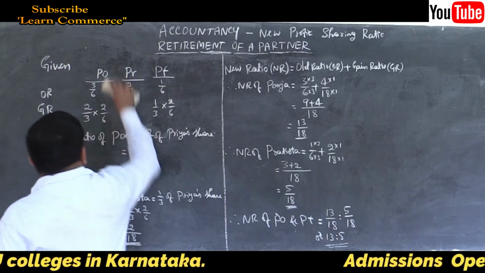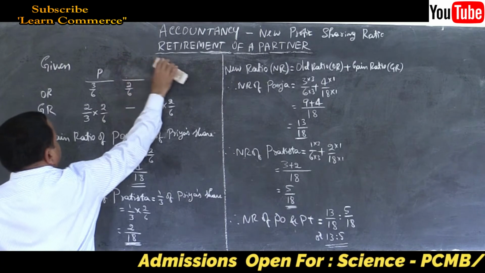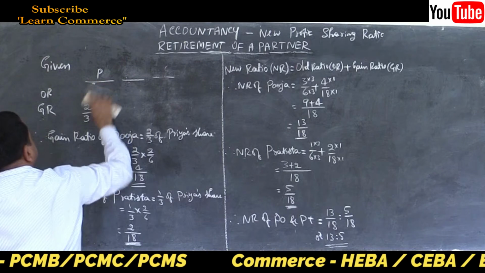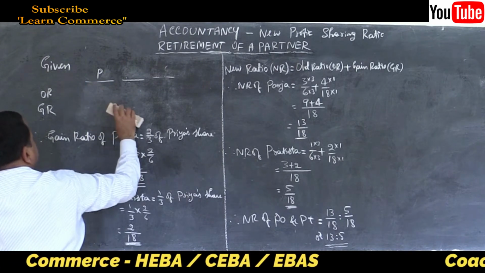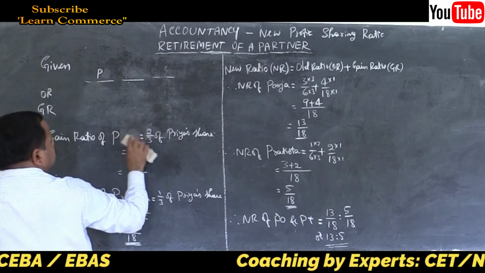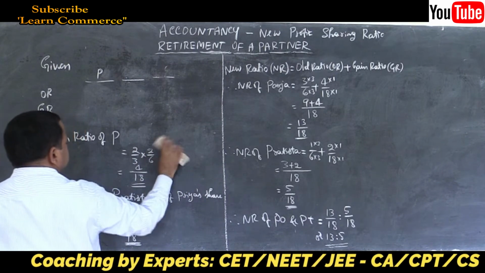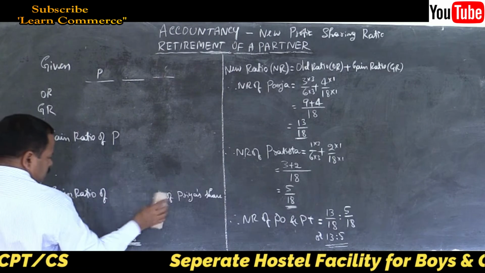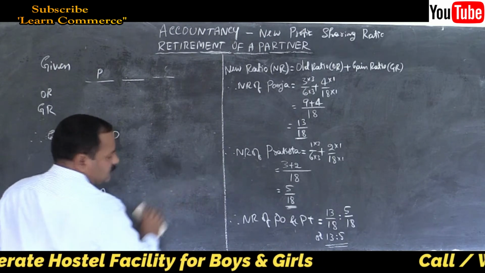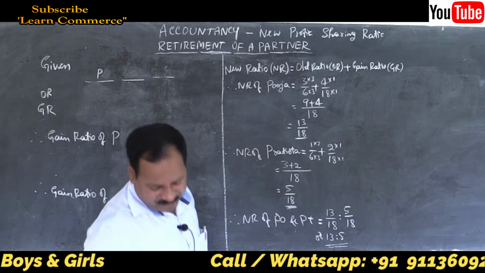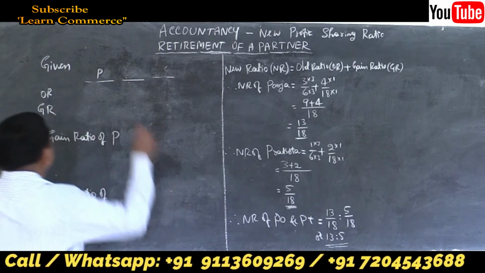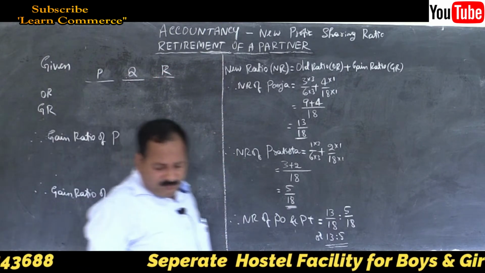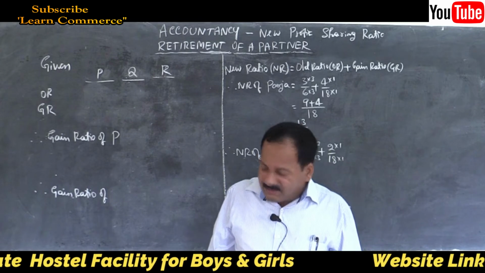PQR given, 3 partners. Who is retiring? Q retires from the business.